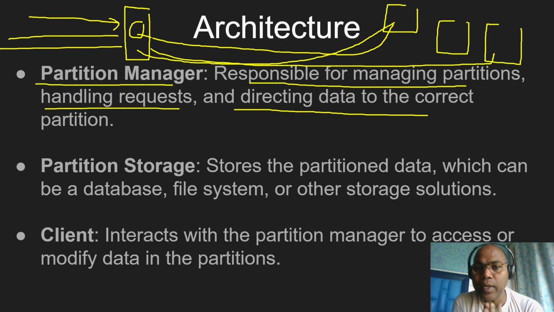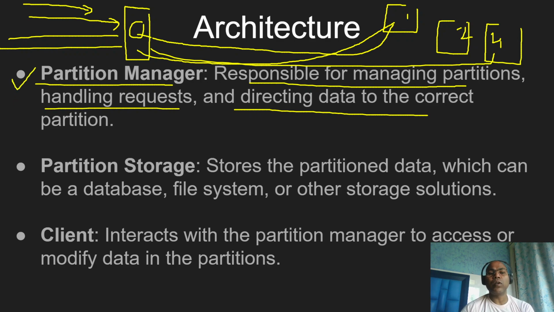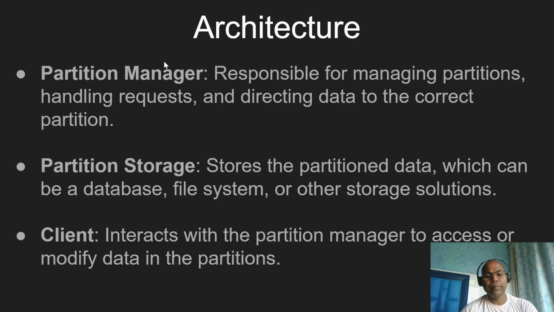So the partition manager is responsible to know which data is going to be stored in which partition, or when a particular request comes, whether it is going to be served by partition 1, partition 2, partition 3 or partition 4. So the partition manager is responsible for routing the request to a specific partition, right?